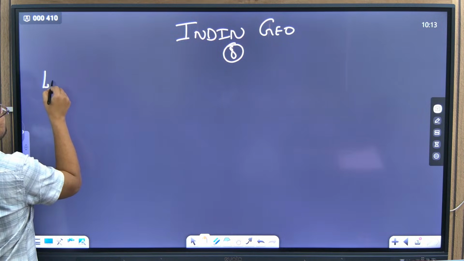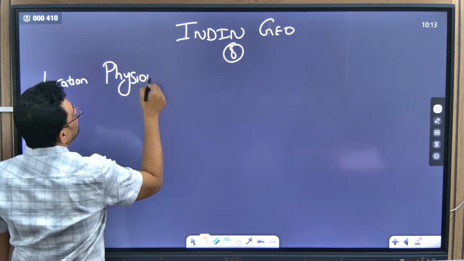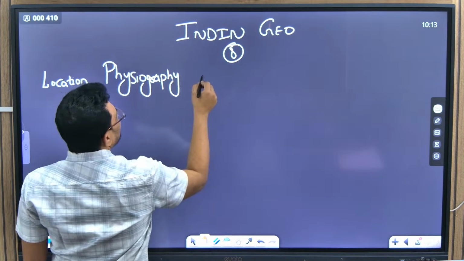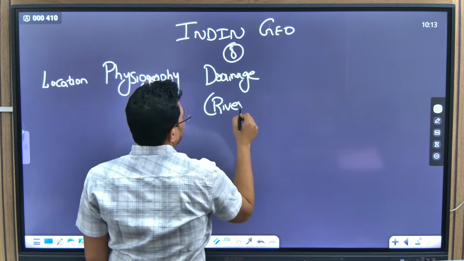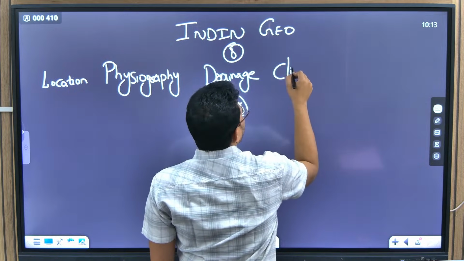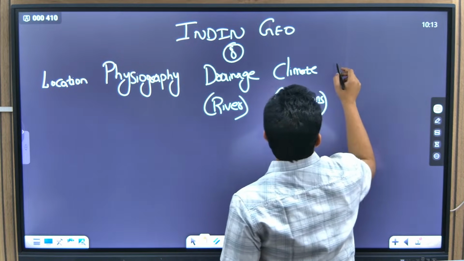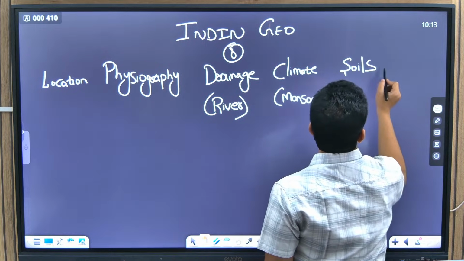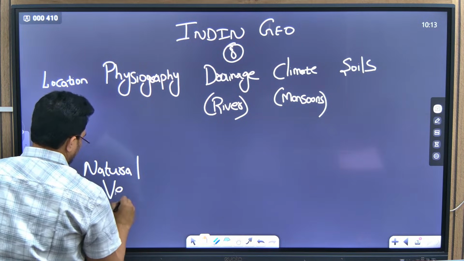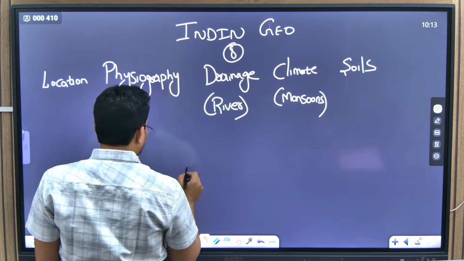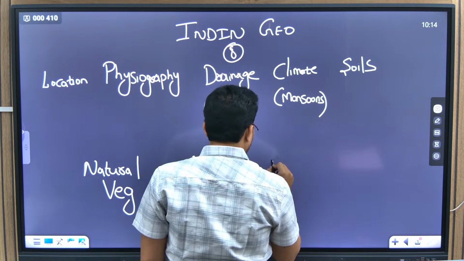First, you need to know about the location, and then physiography, then drainage or river systems, then climate, focusing mostly on monsoons, soils, natural vegetation, and in the next book we have agriculture and minerals.